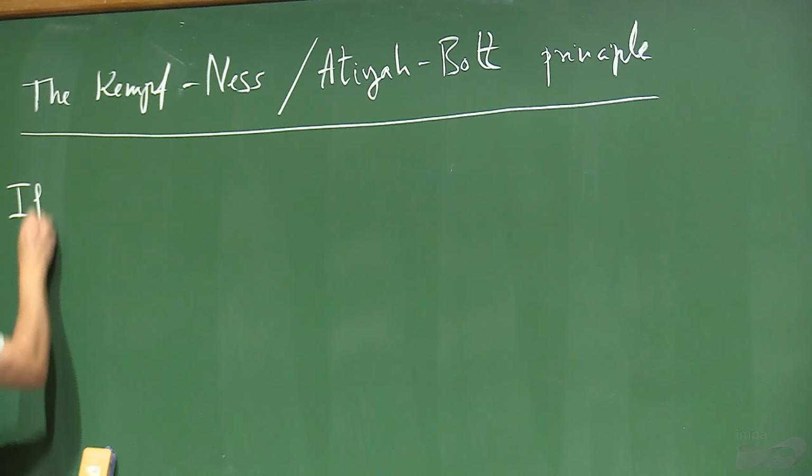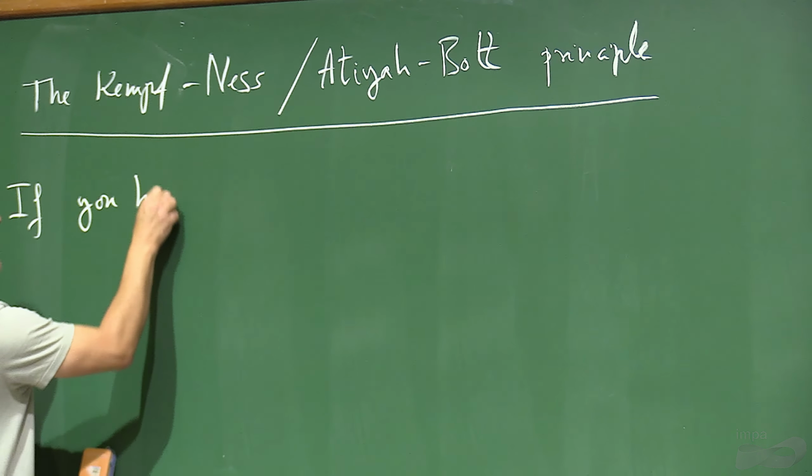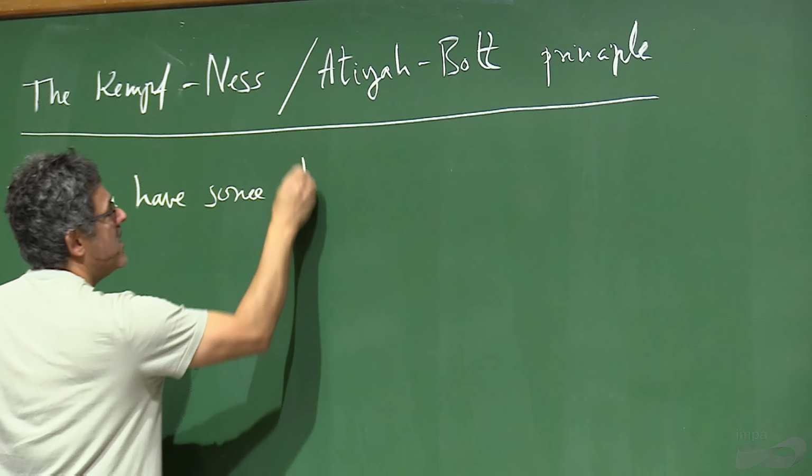If you have some PDEs, usually nonlinear PDEs with some geometry, that can be written as the vanishing condition for a moment map. I guess many people know this, but I don't think everyone does.